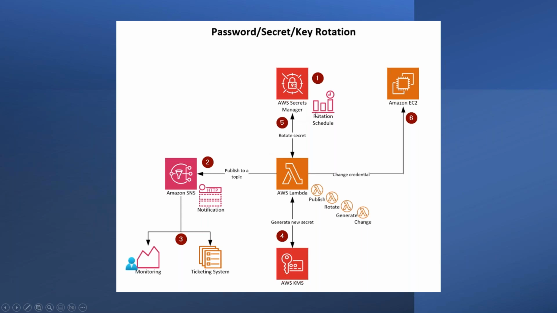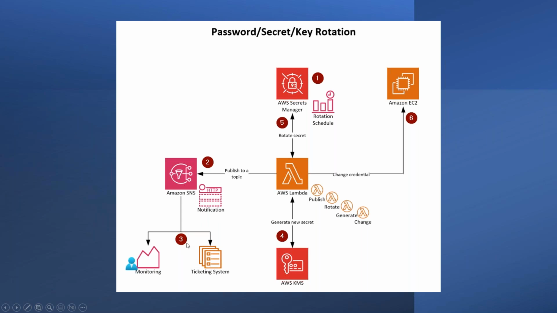But focusing back on this, Secrets Manager informs, based on the rotation schedule, that a password is about to expire. Using Lambda, it pushes that event into an AWS SNS topic. AWS SNS is a simple notification service that can allow multiple things to happen when an event reaches a notification topic.